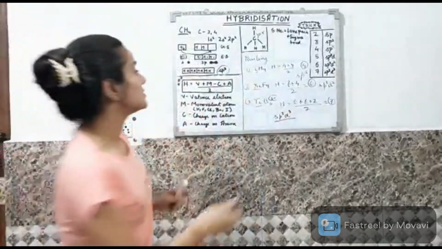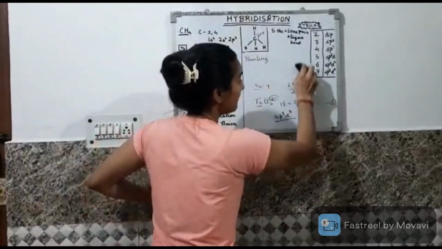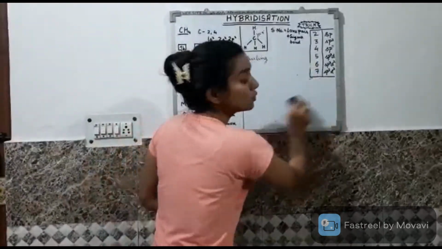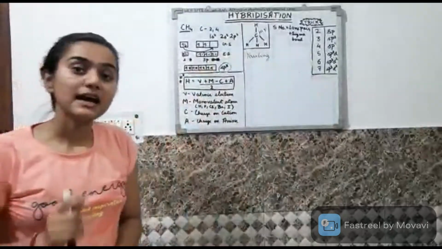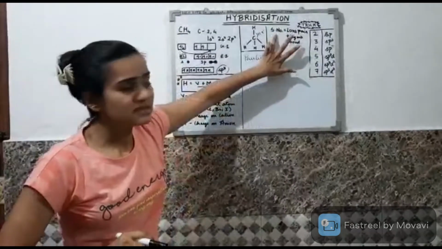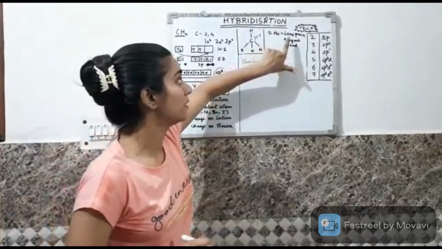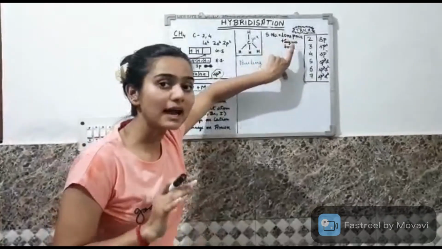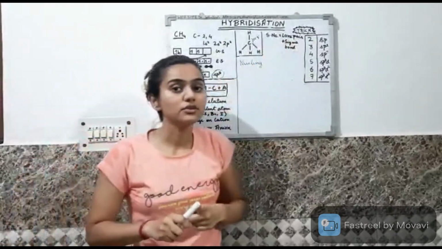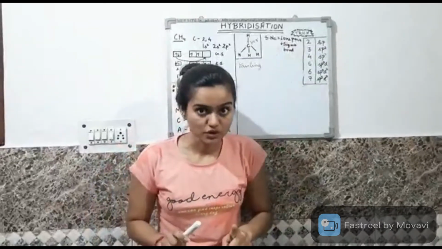But now imagine you are giving a competitive exam and you have a time constraint. What are you going to do then? For that I'll give you a trick. You need to remember this simple formula: you have to calculate the steric number with lone pairs and sigma bonds. What you need to remember is the lone pair should not be in conjugation.